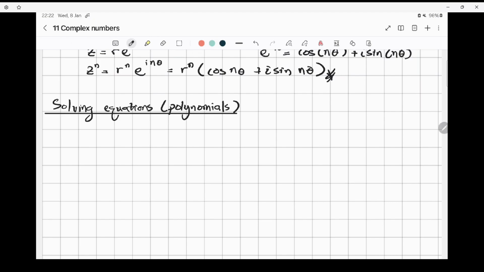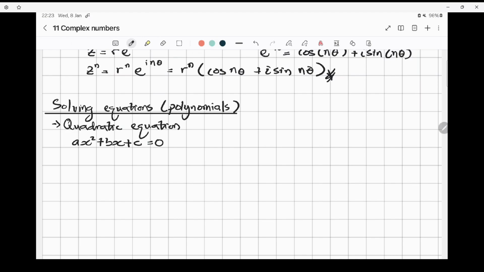Okay, so early in this chapter, I discussed the quadratic equation. We all know that for a quadratic equation, the general form can be written as ax squared plus bx plus c equals 0.